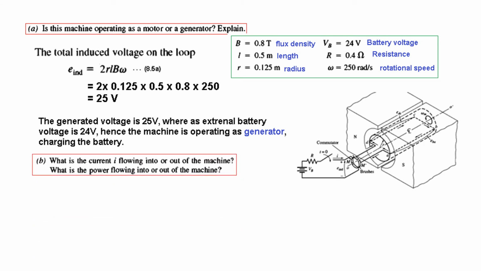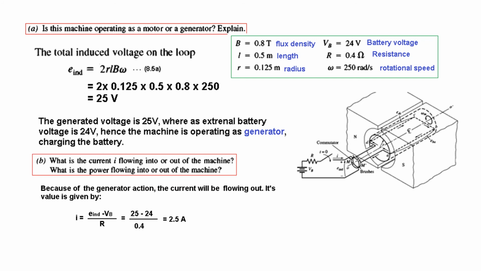Then part B of the question, what is the current I flowing into or out of the machine, and what is the power flowing into or out of the machine? So the current is simple. We have the battery, we have the resistance, and we have another voltage here, 25 volt.